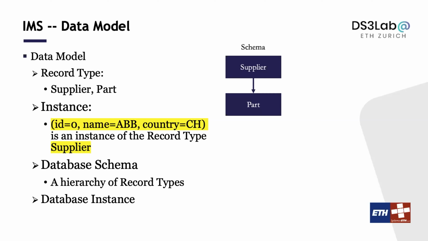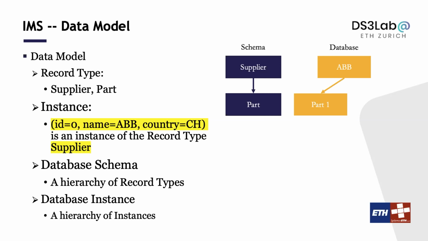And a database instance is pretty much a hierarchy of instances of each type. For example, this is one of the database instances that you could have. You can have one supplier, ABB, which is of the type supplier. Then this supplier supplies part 1, supplies part 2.